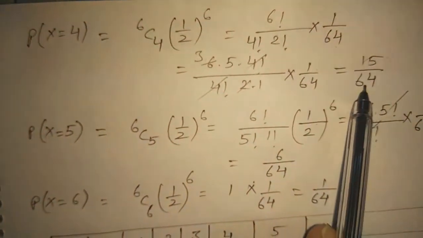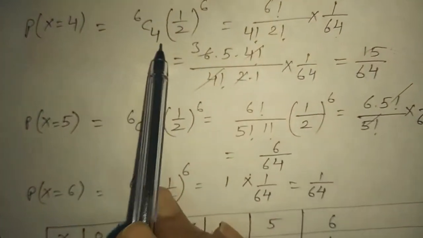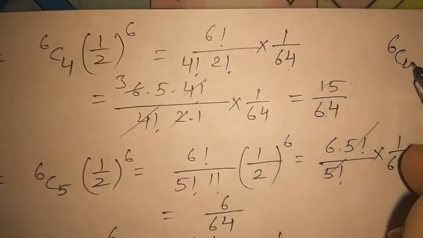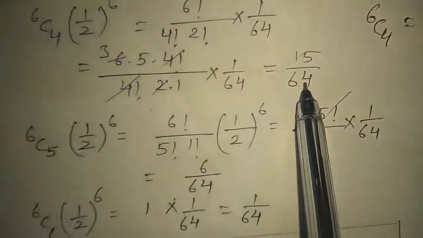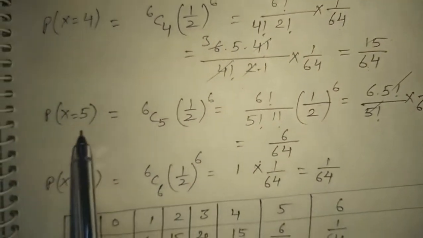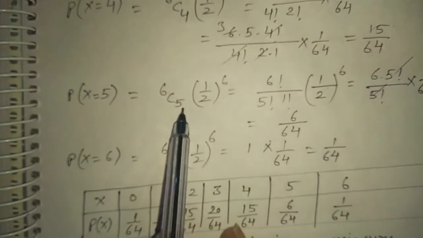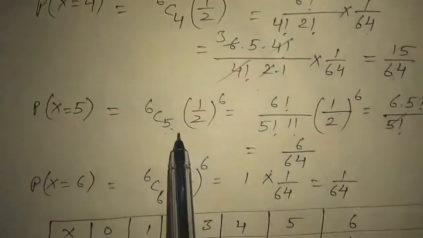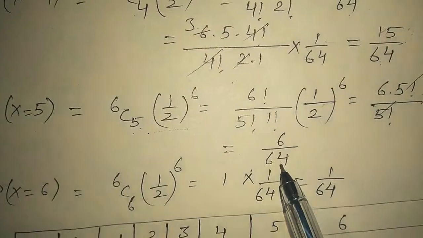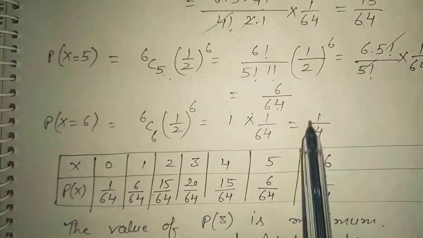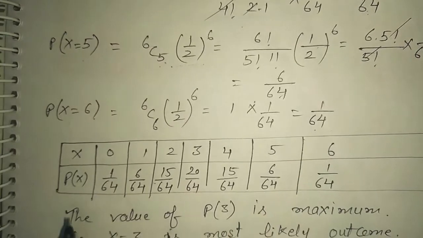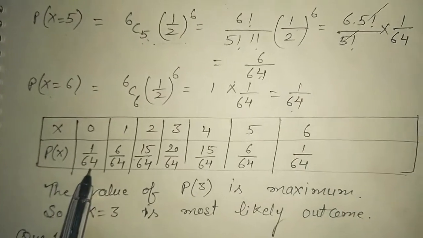After solving we get 15 upon 64. 6C4 and 6C2 are the same, we can put it from there or solve it. Then x is equal to 5, at the place of x we put 5. After solving we get 6 upon 64, and x is equal to 6 gives 1 upon 64.